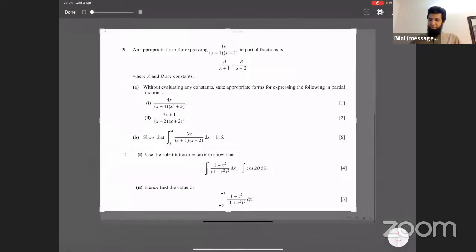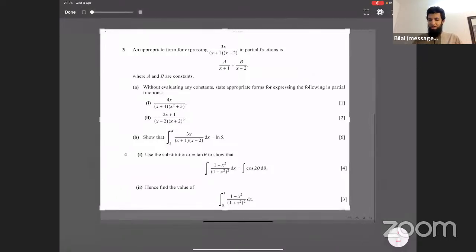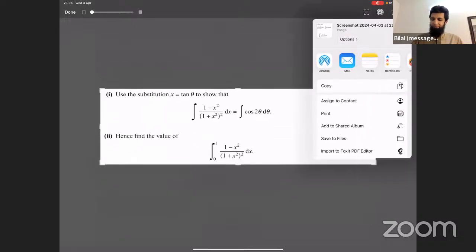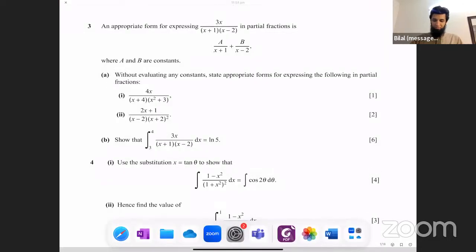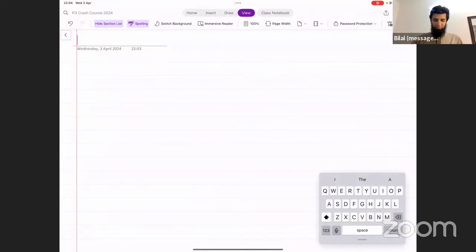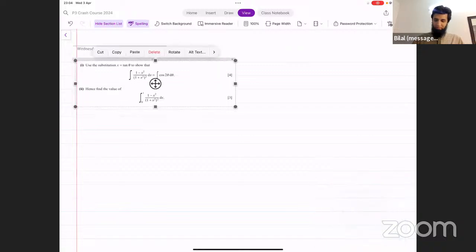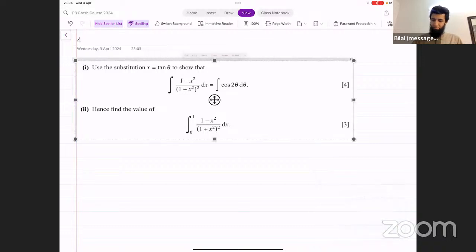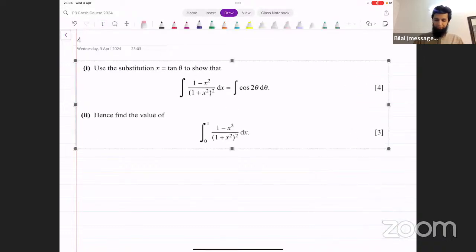Now, it's a good practice question on substitution as well, and it'll also help us understand what to do with limits. Okay, so question number 4 from the worksheet. Let's have a look at this.